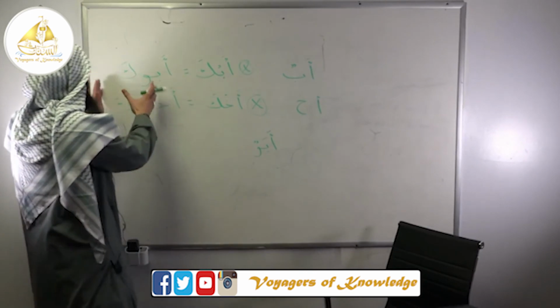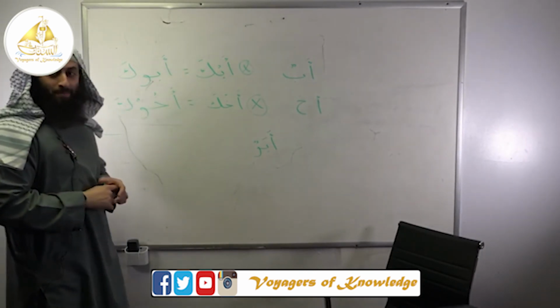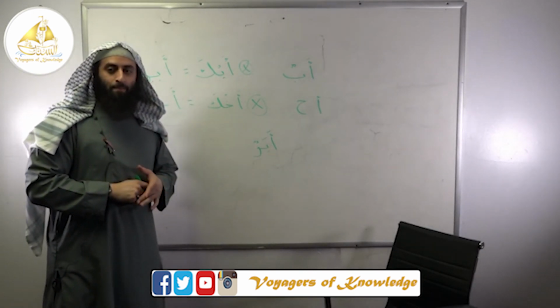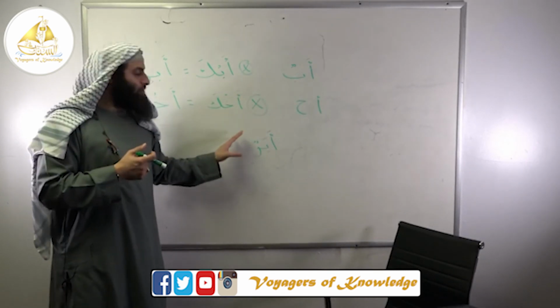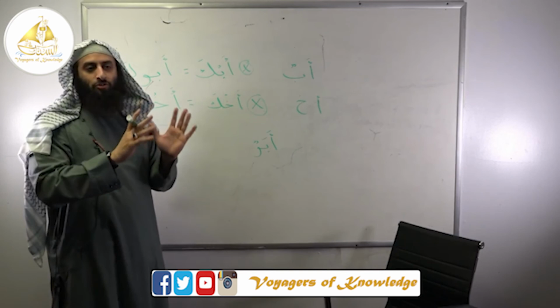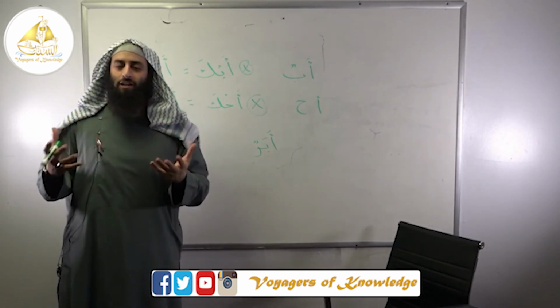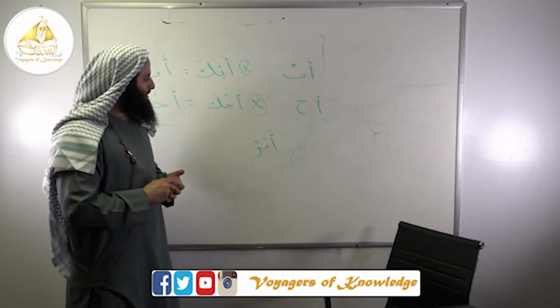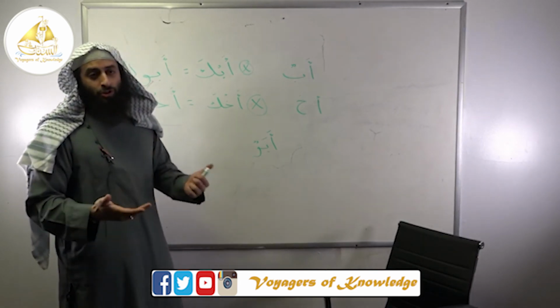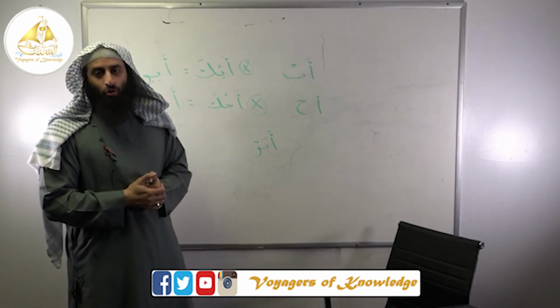Just for now. What is it when it's in its original state? What's it called? Starts with an N. Is it marfu' or is it something else? They're always, even here, marfu'. But I'm talking about the originality of that word. It's asluhu, its origin.